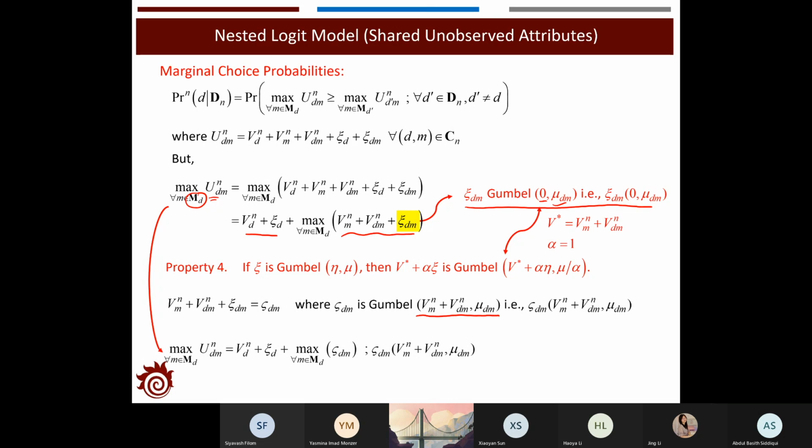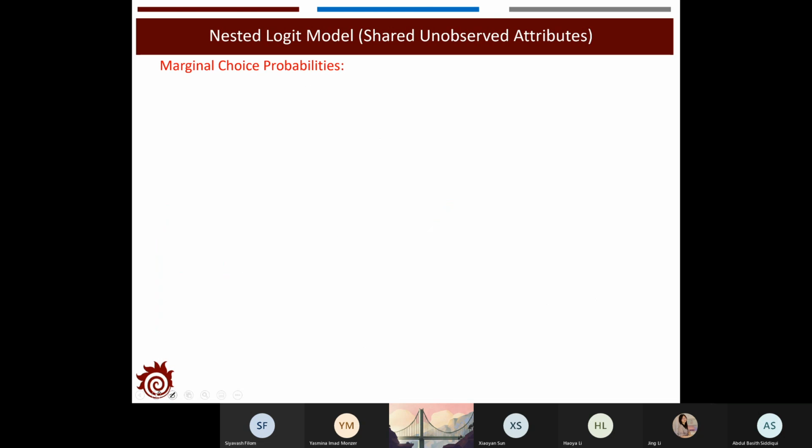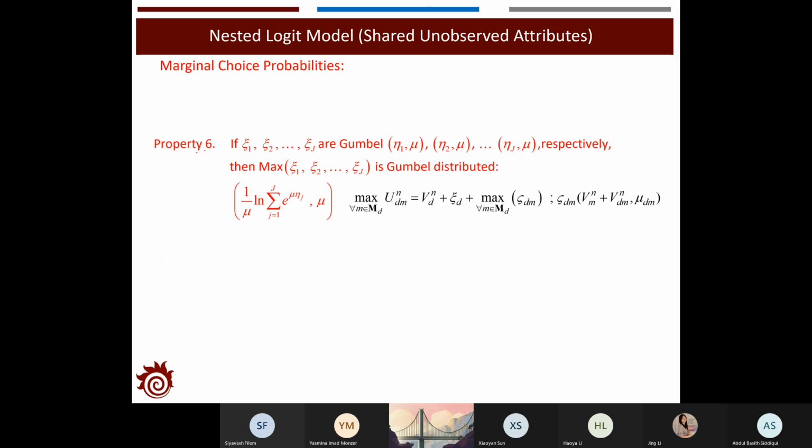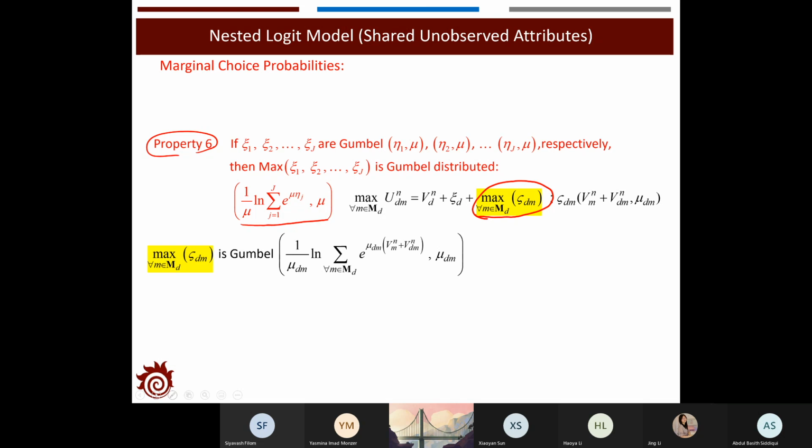And then we can also apply another property of the Gumbel distribution, that is the sixth property. We also showed that in our previous slides. We can then find the probability of the Gumbel distribution for the maximization problem, and it can be rewritten as a new Gumbel distribution.